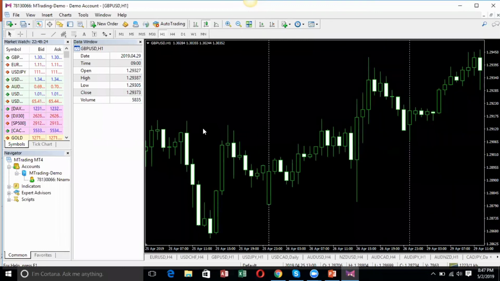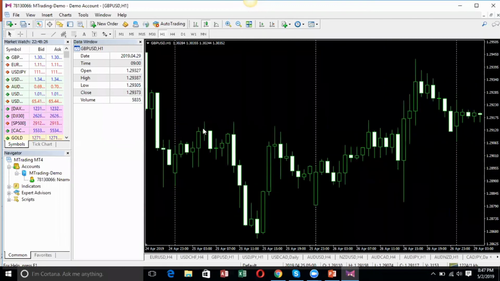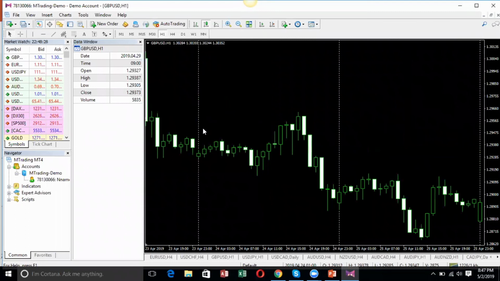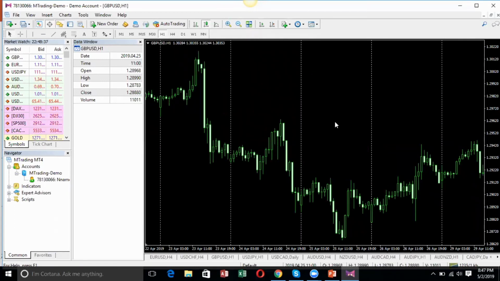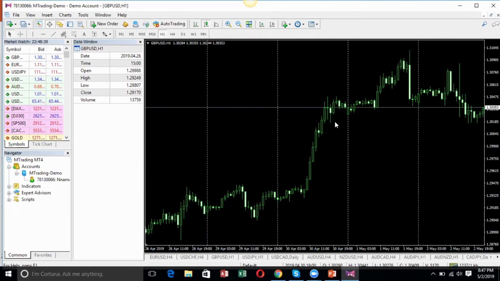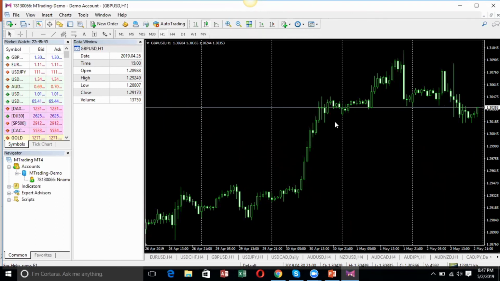Let's look for an example here and see how we can explain it to our own understanding. Okay, this is it. Perfect. Can you see now? This is a support zone.